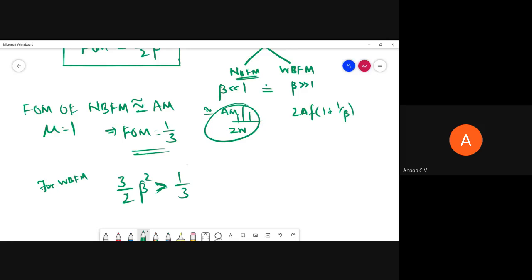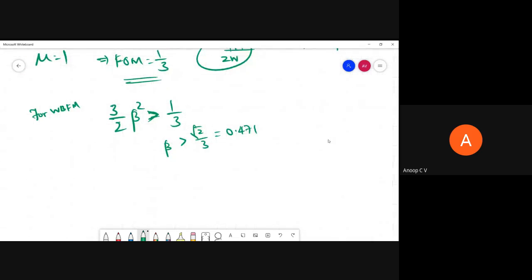So beta should be greater than or equal to root 2 by 3, that is equal to 0.471. Beta should be greater than 0.471 for wideband FM, and it should be less than 0.471 for narrowband FM.